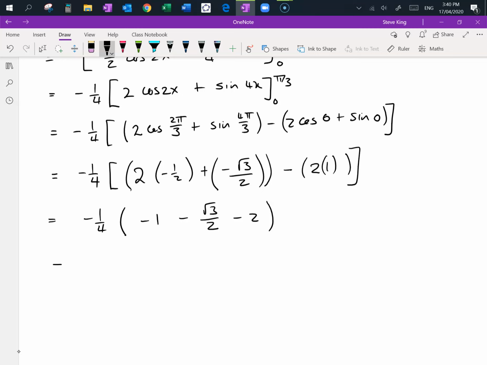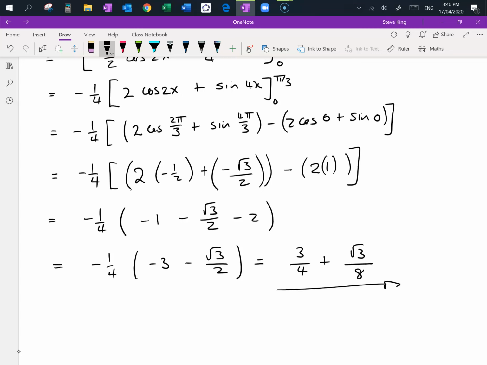And that means I've got minus a quarter times minus 3 minus root 3 over 2. And that means I'm going to have 3/4 plus root 3 over 8. And there is my exact answer to that integral.